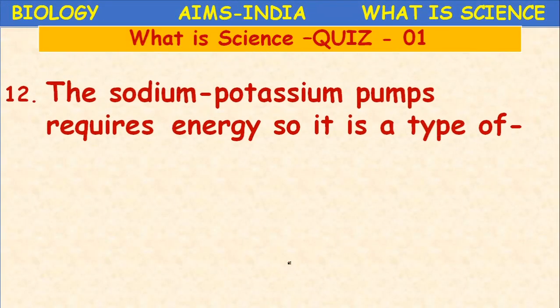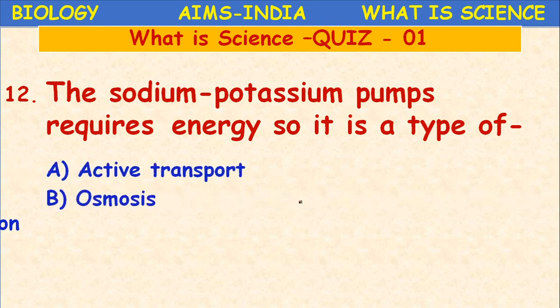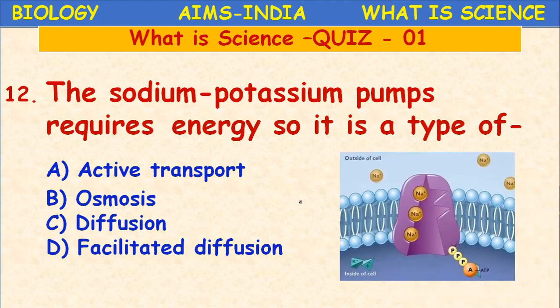Next question, the last question. The sodium potassium pump requires energy. So which type of transport is it? There are two types of transport: one is passive transport, another is active transport.